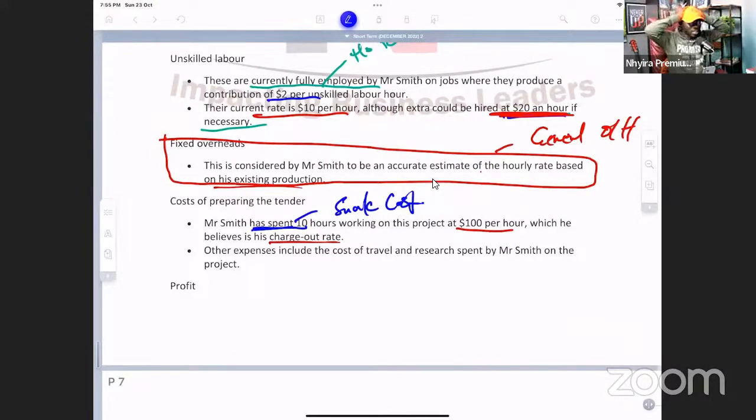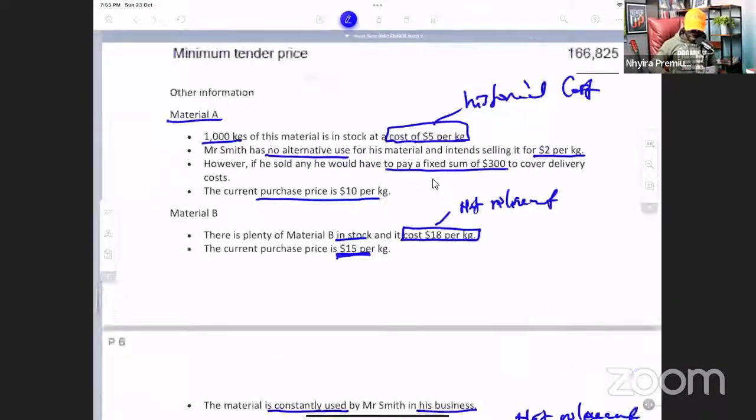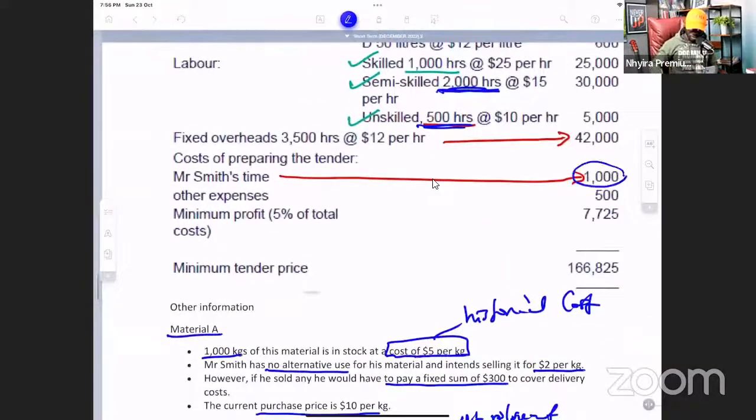It's not a cost. He has not even incurred any cost. It's a sunk information. It's in the past. We don't consider it. So his time that he has put $1,000 on, that's a sunk scenario. It's a sunk cost. So we don't consider it. Sounds good? We don't consider it.